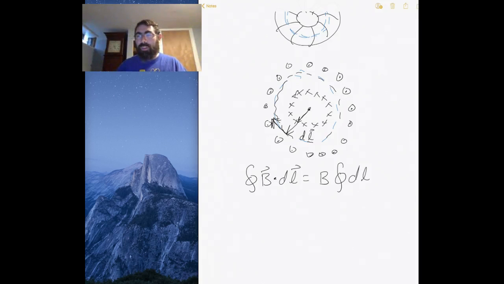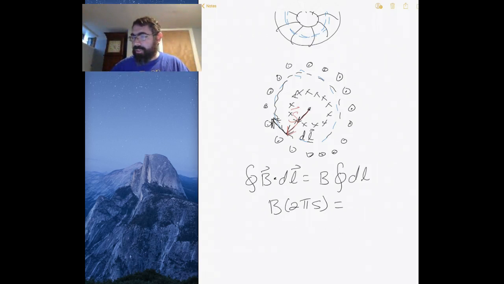And this path here is a circle. So that length will be the circumference of the circle, where s is the radius. So this is my distance, this radius here from the center. Okay, and that's going to be equal to the amount of current enclosed.